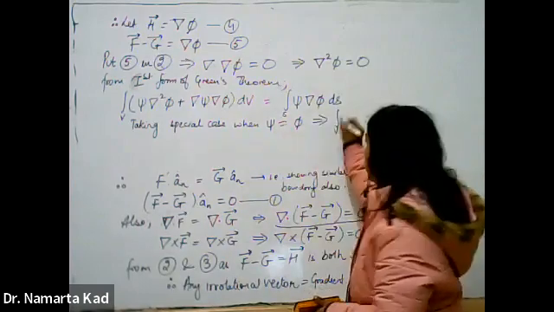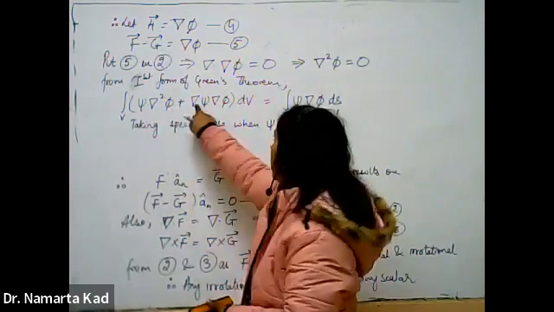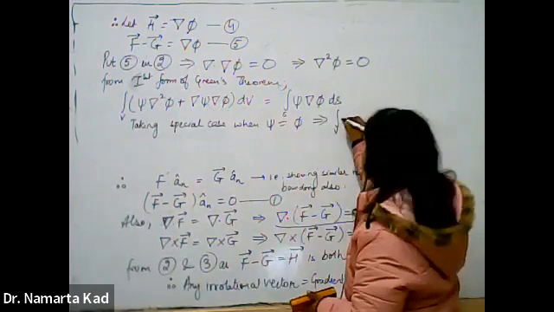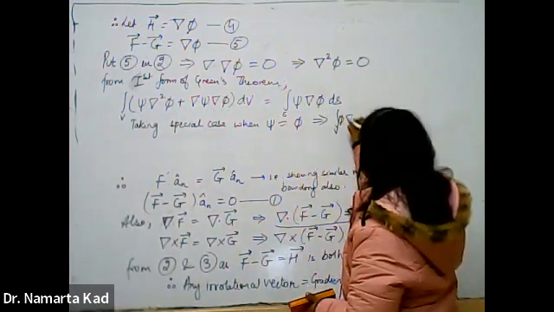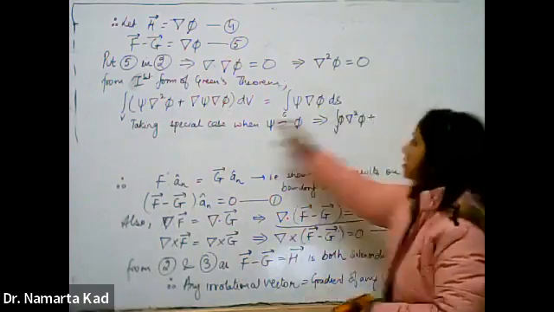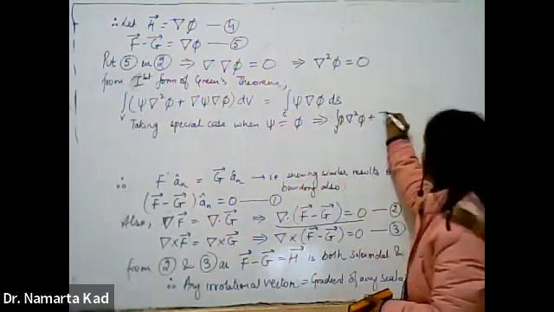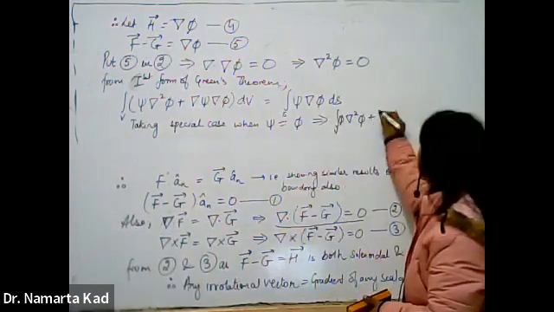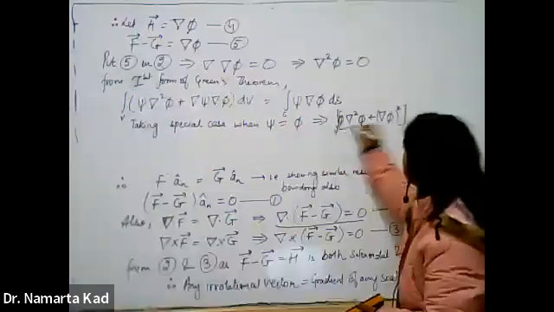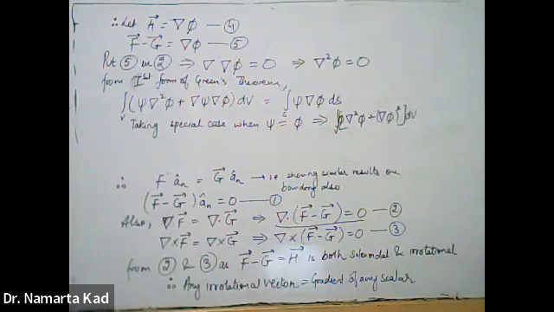Here it is the volume integral of phi del square phi plus del phi into del phi, that is del phi whole square, dv.